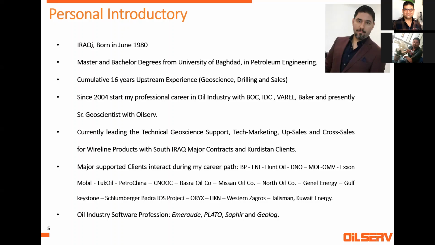For cross sales, your contract has some fixed technology, for example you are only giving open hole jobs, but you make a cross sell by putting in another technology, for example you start to make PLT jobs using the same contract. That's called cross sales. You bring a different product using the same contract. This is the difference between upsells and cross sales.